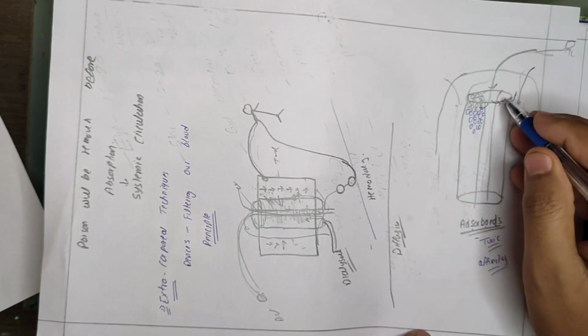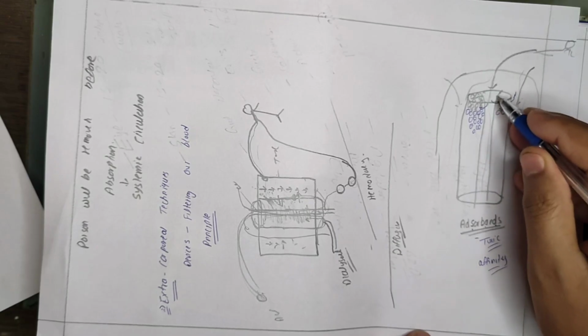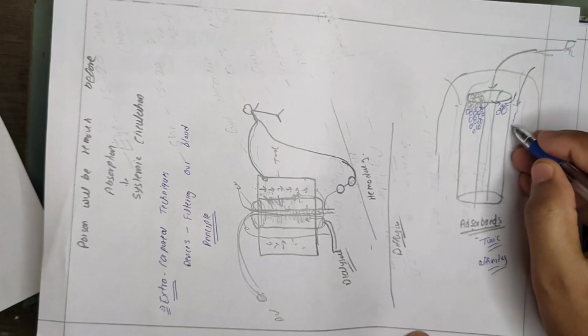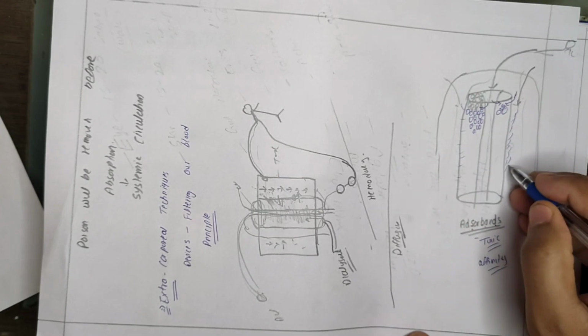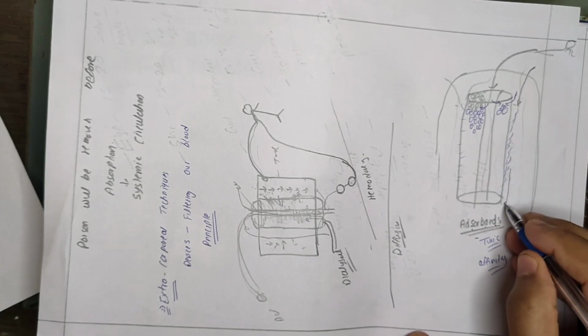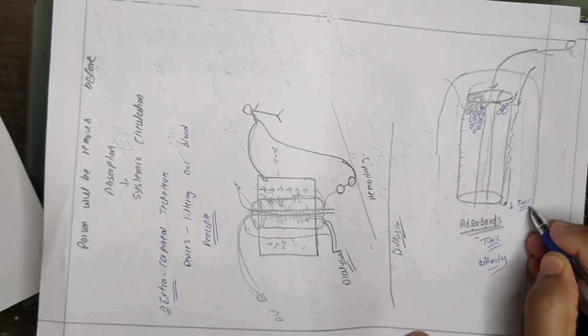So all these toxin materials will be adsorbed onto this adsorbent, and the blood will have a lower concentration of toxins. Continuously, these poison materials keep on going to the adsorbent section in the cartridge. The blood that reaches the terminal section will have a lower concentration of toxins.